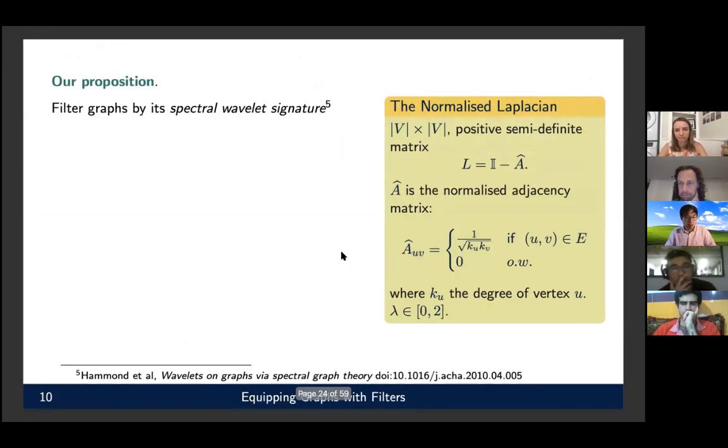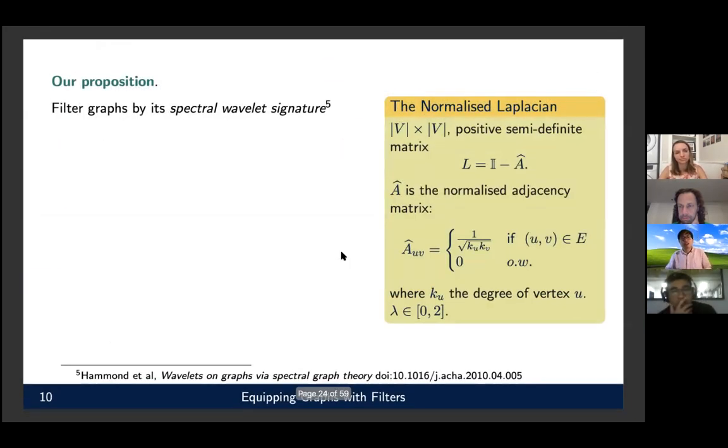The generalization of the heat kernel signature is the spectral wavelet signature. This is a construction using a graph Laplacian. In this case, we use a normalized Laplacian, mainly because the eigenvalues of the normalized version of a Laplacian fall between 0 and 2, and that makes numerics a lot easier.